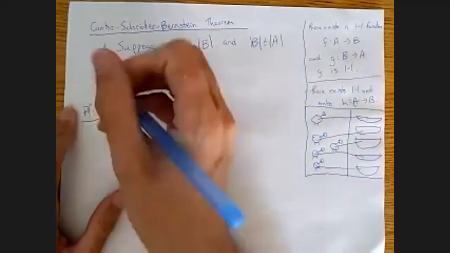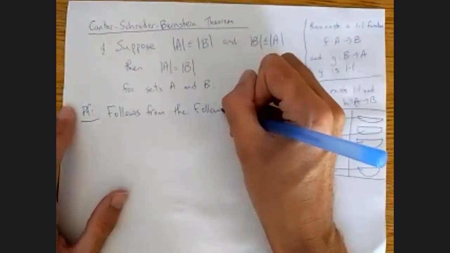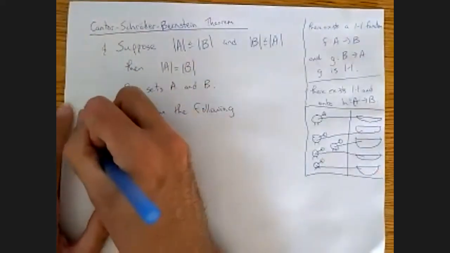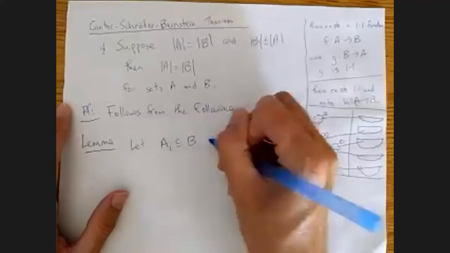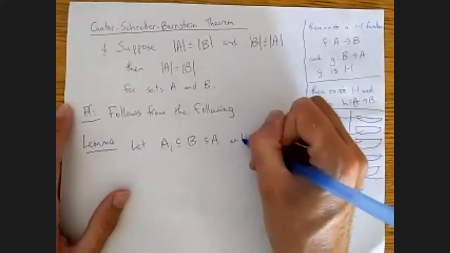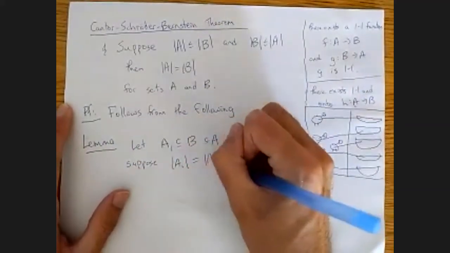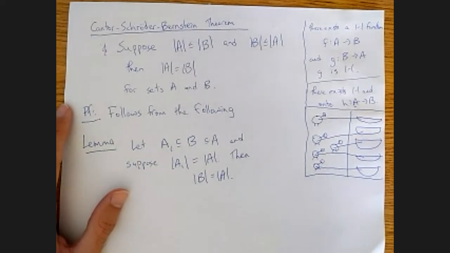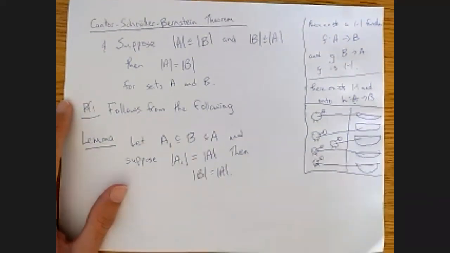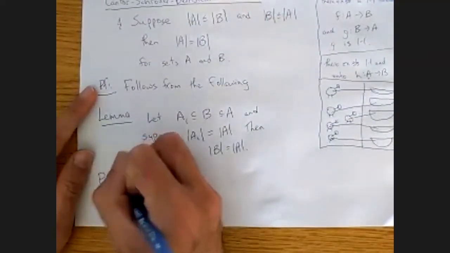We have sets A1 contained in B contained in A, and suppose the cardinality of A1 equals the cardinality of A. So let's set up things, proof, and then we will draw a picture.